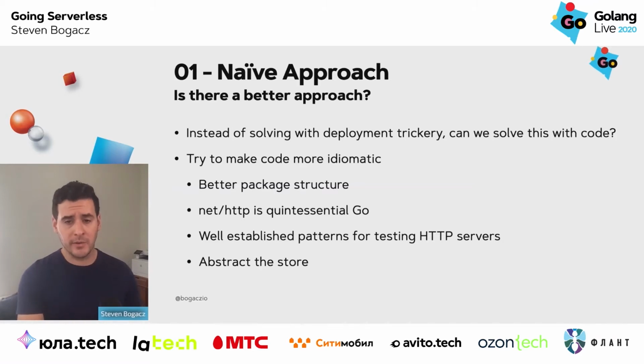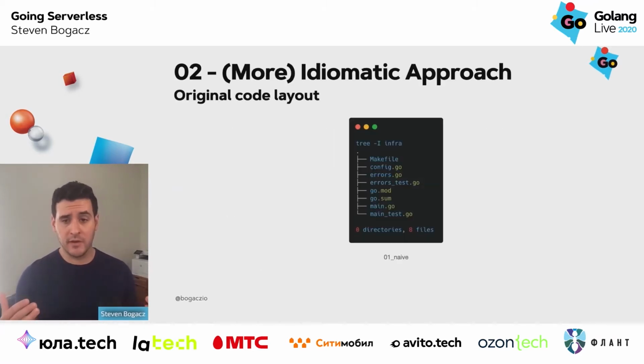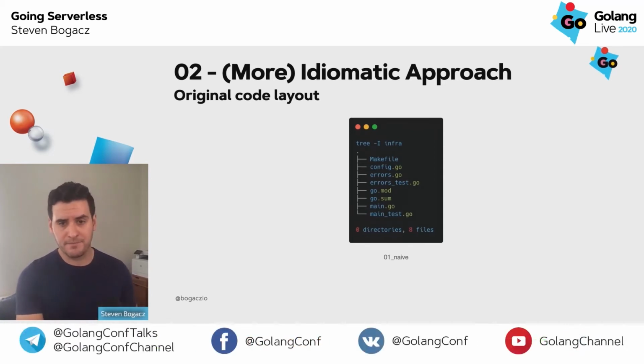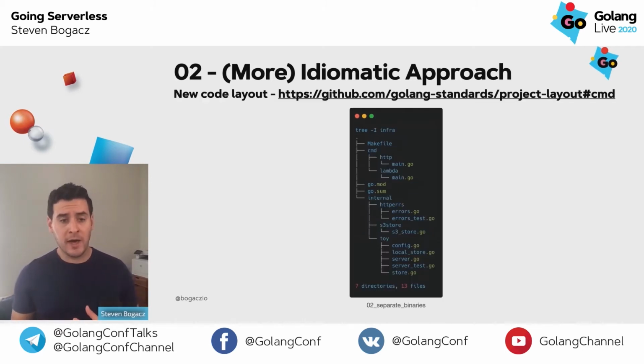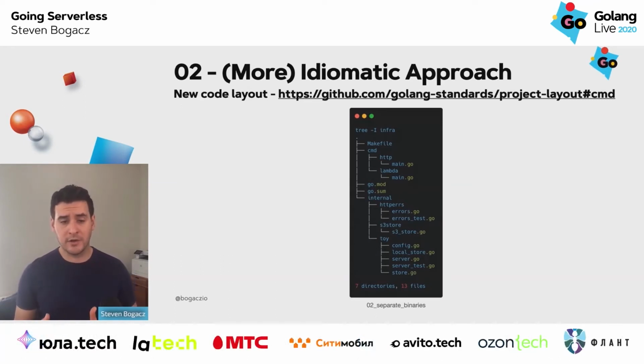So if we look at our original code layout, like I said, everything was just at the root of the directory. No real organization. But now in our new layout, we have that cmd package, which is where we have our binaries. Each subfolder within that corresponds to a different Go binary. Then under internal, we have all of our shared common code.